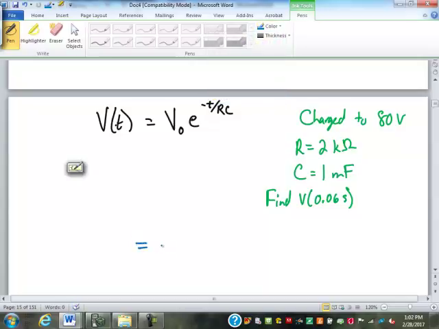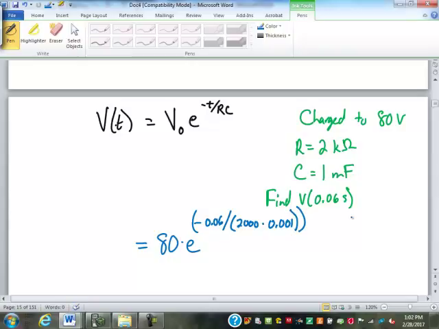My initial voltage is the 80 volts that it was charged to, times e to the negative t. Well, t is going to be the 0.06 divided by, in parentheses, 2 kilo ohms is 2,000 ohms times 1 millifarad is 0.001 farad.